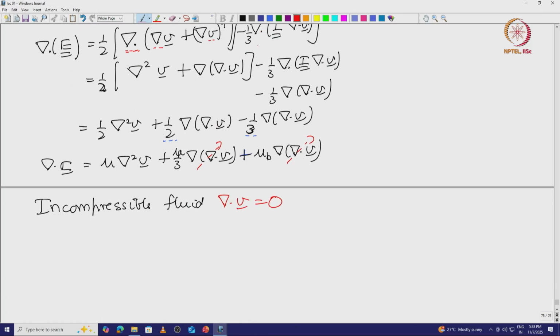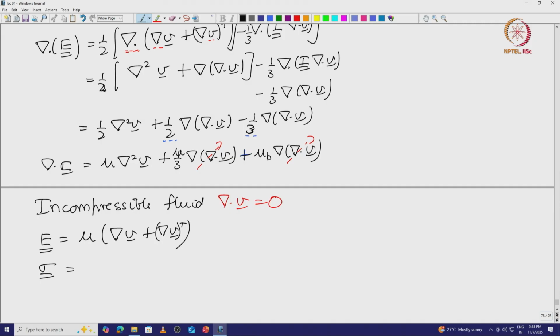So, therefore, for an incompressible fluid, E just reduces to mu into grad V plus grad V transpose. There is no isotropic part because divergence of V equal to 0.